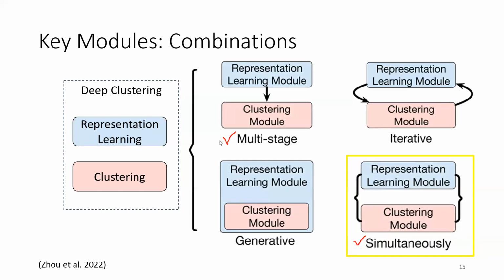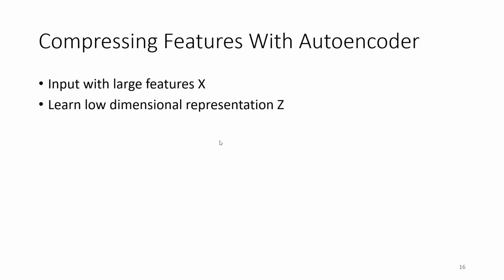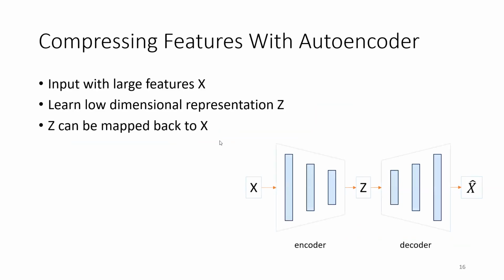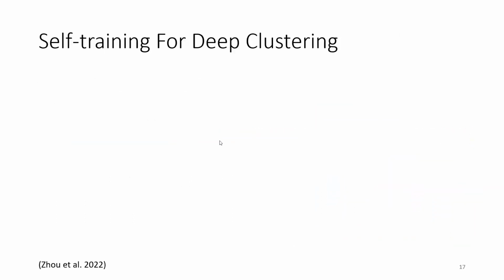We'll explore them soon. Before we move ahead, let us quickly review autoencoders. Given an input with large features X, we want to compress them into a low-dimensional representation Z, such that we can construct them back. For that, we use a neural network with a bottleneck, and we train the network to minimize the reconstruction loss. Next, we want our clustering module to produce good clustering.